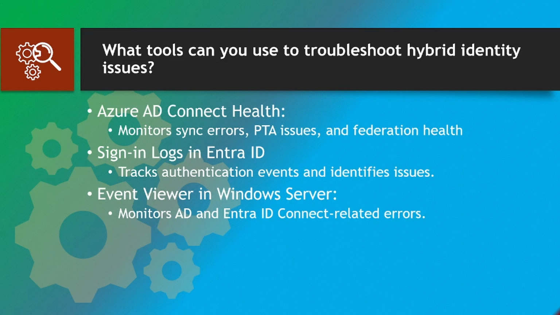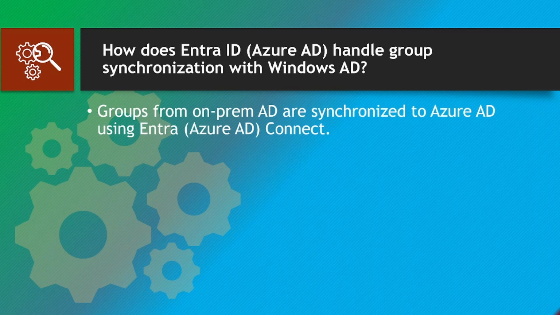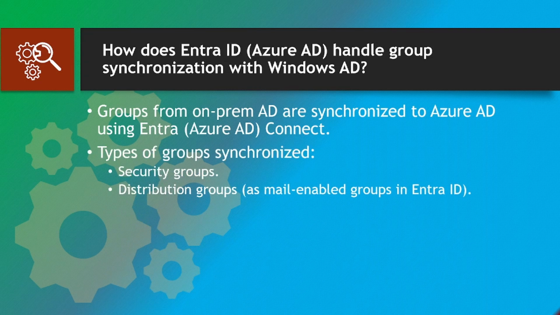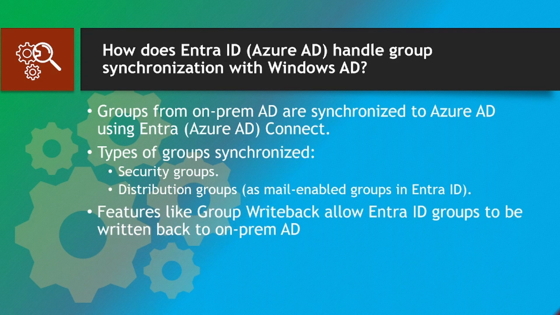So these are the ways we can troubleshoot hybrid identity issues. Moving to the next, how does Entra ID handle group synchronization with Windows AD? First, groups from on-prem AD are synchronized to Azure AD using Entra Connect. Second, types of group synchronization: security groups and distribution groups, as mail-enabled groups in Entra ID. Features like group writeback allow Entra ID groups to be written back to on-prem AD.